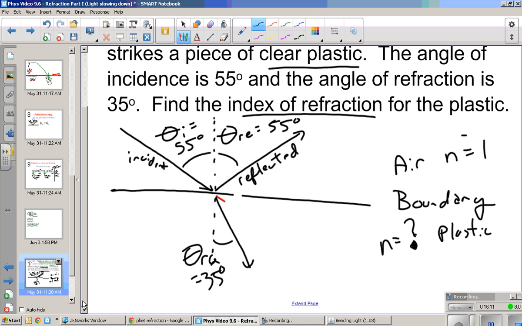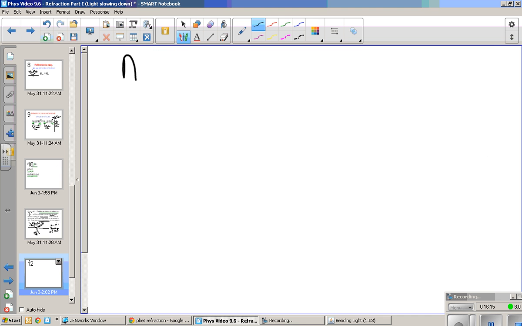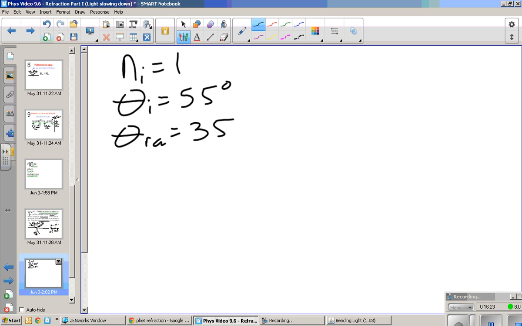So, let's write down what we know. I'm going to add in a blank page. Here's what we know. We know our n_i is 1. We know our theta i is 55 degrees. We know our angle of refraction is 35 degrees. And we're looking for n_r, because we're looking for N for plastic. So we're going to use Snell's law.